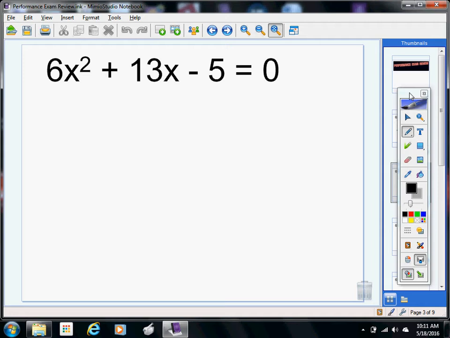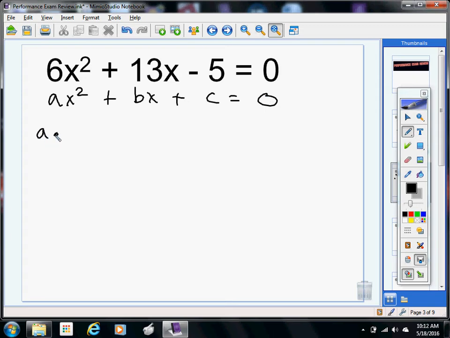Guys, again, when you factor, does this problem have a leading coefficient of 1? Answer this out loud please, is the leading coefficient 1 or is the leading coefficient not equal to 1? Yeah, it's not equal to 1. Guys, when your leading coefficient is not equal to 1, like in this problem, the way you go about factoring is you set it up equal to 0 and then you multiply a times c.